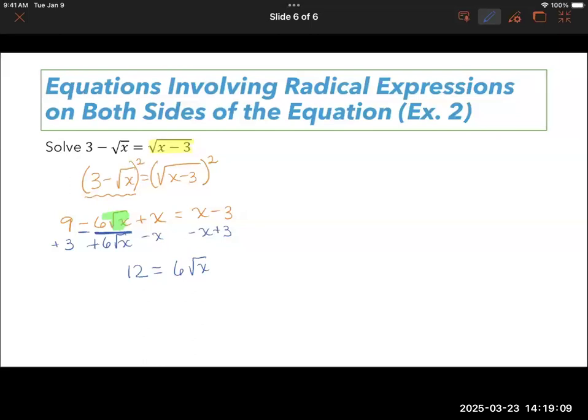And just let me show you what that would look like. So even though in this case it would have divided nicely, I could just square everything on both sides. And that means I would get a 144 on the left, and I would get a 36x on the right. And then I can divide both sides by the 36 to get the same 4 I would have gotten the other way.